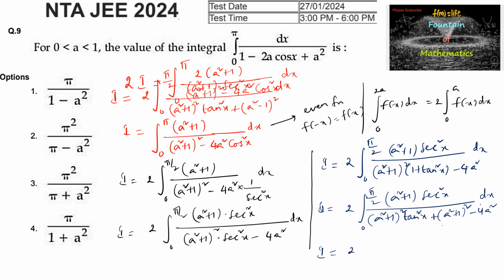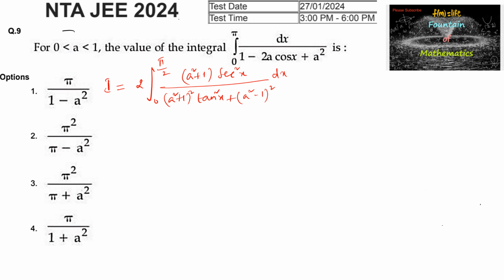So we can write integral 0 to pi by 2 of (a square plus 1) into secant square x upon (a square plus 1) whole square into tan square x plus (a square minus 1) whole square dx.